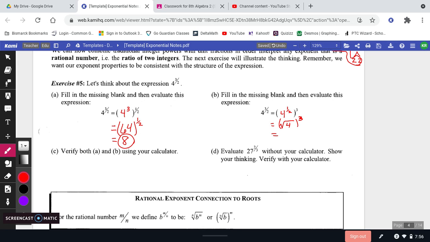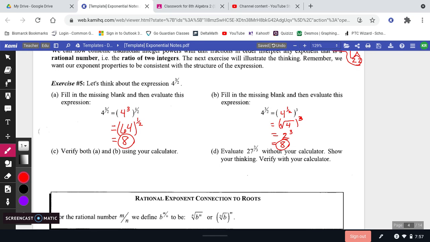So the square root of 4 is 2, and then cubed, 2 cubed is 8. So you can write those exponents either direction. The first time we did it cubed and then to the 1/2 power. This time we did 1/2 power and then cubed it, and you get the same answer either way.